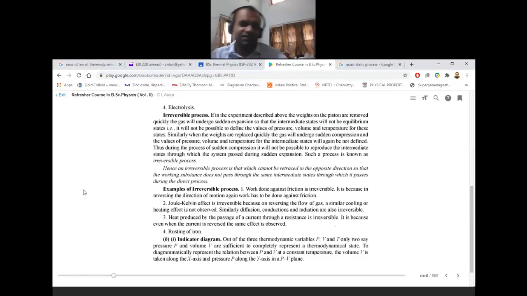And if it happens both times, from A to B and then from B back to A, then two times you are losing heat, and in that case the process will not be in thermal equilibrium and it will be an irreversible process. Then the Joule-Kelvin effect, this is different. Then rusting of iron. You know rusting of iron. Once rust gets into iron, it is impossible to get the pure iron back.